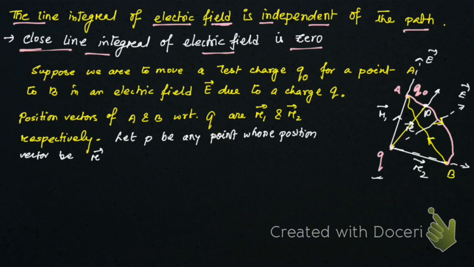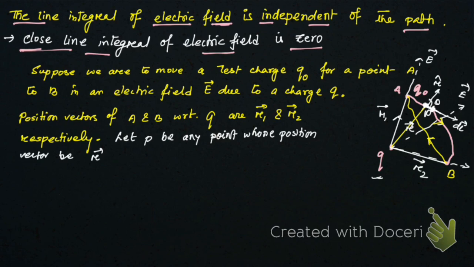At this moment q naught is here at point P, and we are to move it along this direction through a very small distance, suppose dl. This is the direction of dl, and let us consider it makes angle theta with r.